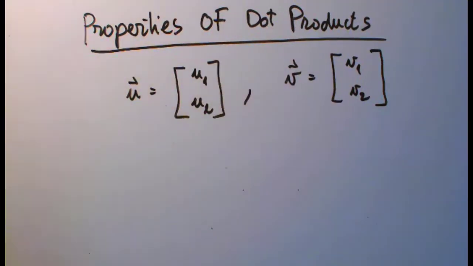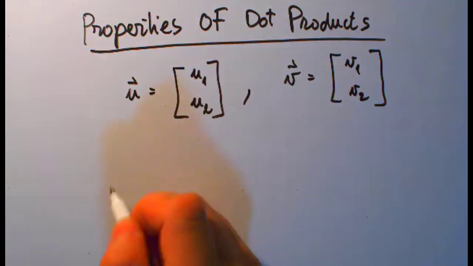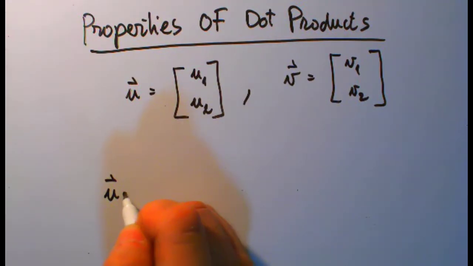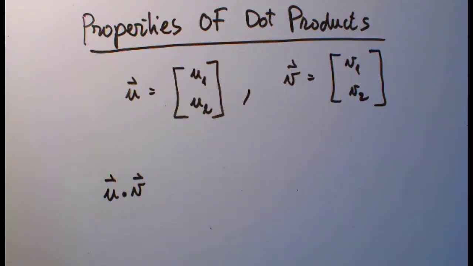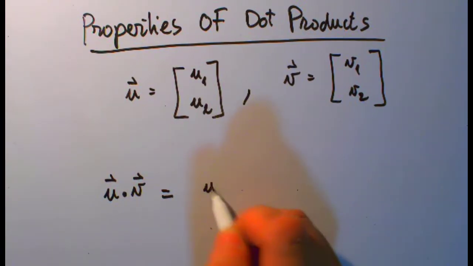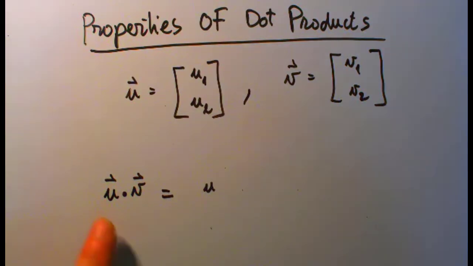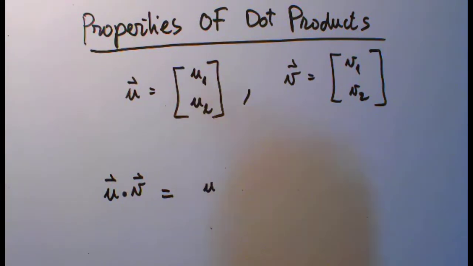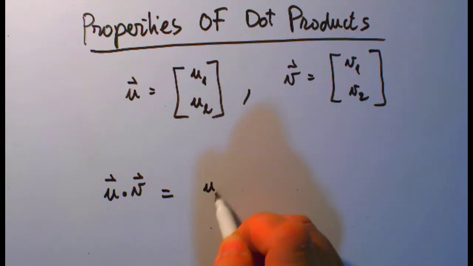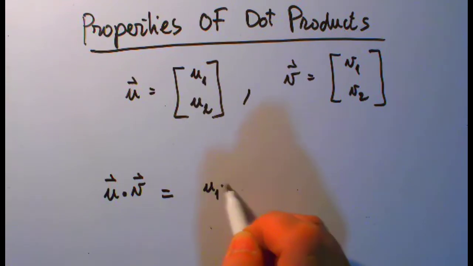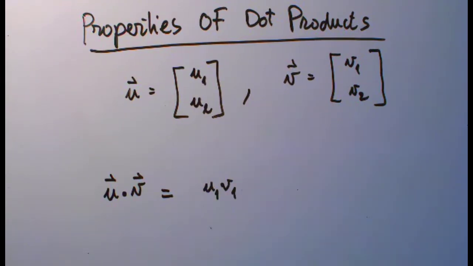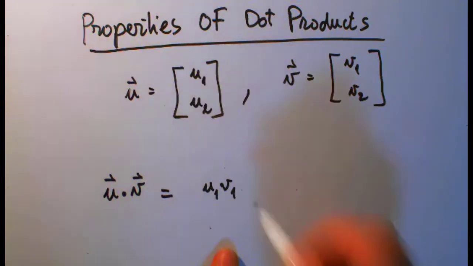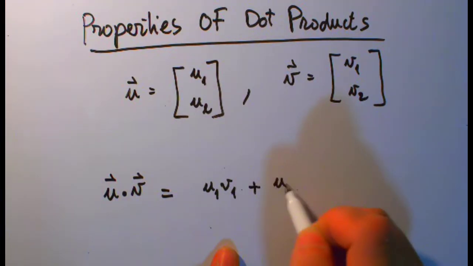So let's find out a generalization right here. Let's start out by simply taking the dot product between these two vectors. Keep in mind right now I'm starting out with u in front and v in the back. So u dot v is the way it says right now. Coming straight out of the definition, we should be looking at u1 times v1 in the usual multiplication, and then add u2 times v2.